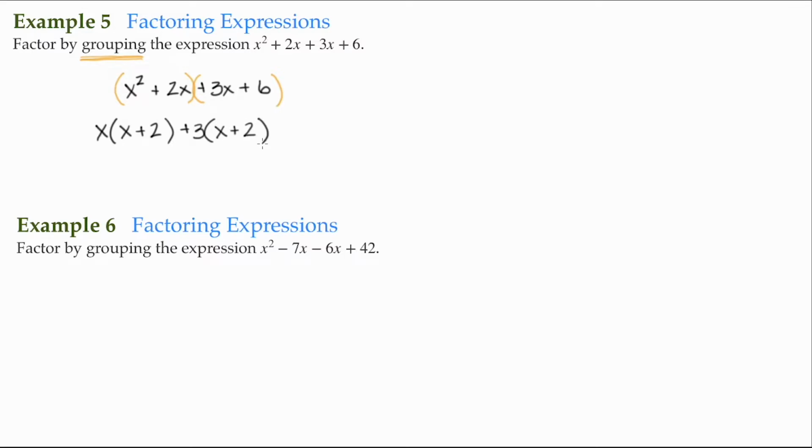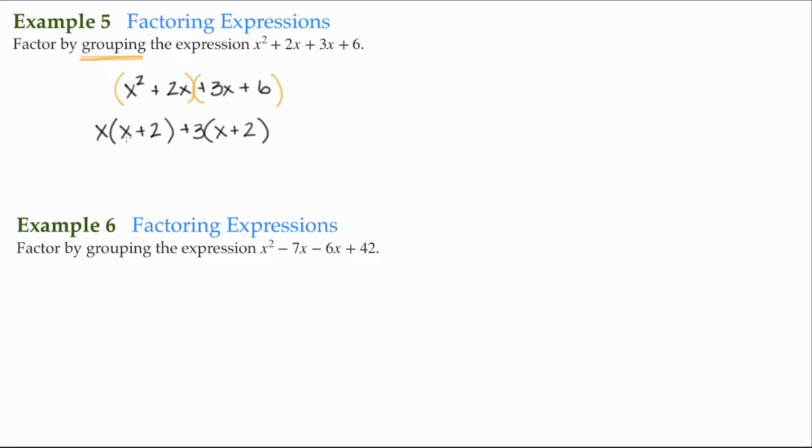Now the whole idea when we go ahead and we factor by grouping is hopefully that when we factor, we wind up coming up with a common factor. For this particular one, it's x plus 2. So we took this four-term expression and turned it into a two-term expression. This is one term, x times x plus 2, and this is another term, 3 times x plus 2.